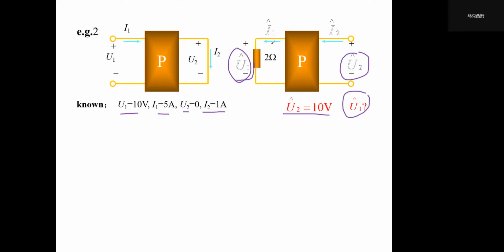We see that I1 and U1 have the relationship U1 hat is I1 times 2 ohm.